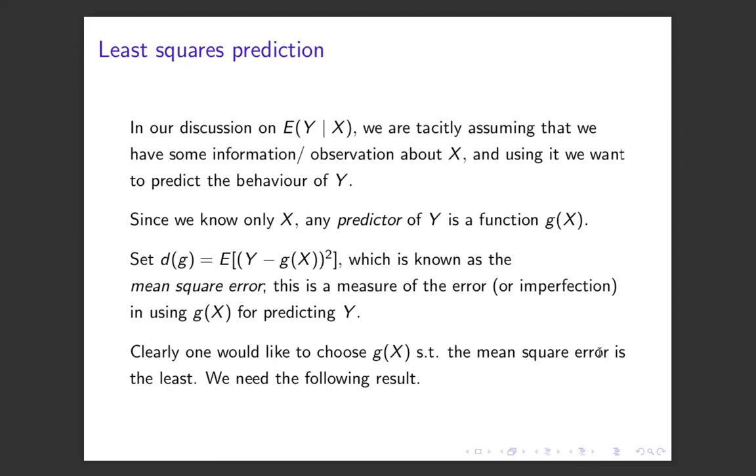Yeah, so clearly one would like to choose g of x such that the mean square error is the least. Okay, please note it down if you want to.